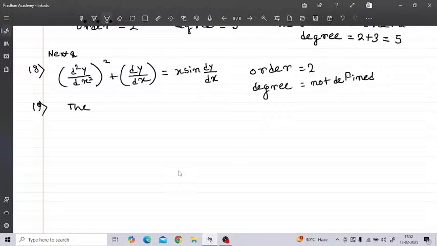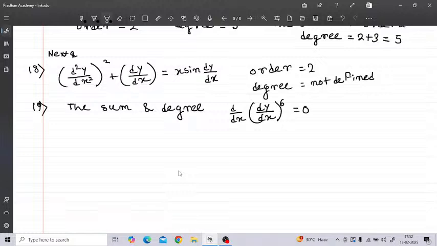Next, you can see in each year you will get an MCQ from this sum of order and degree. That's from paper 2023. What will be the value?